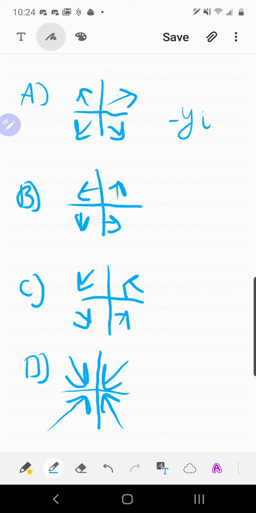So we know that this one cannot be correct because of that. So we continue on looking.